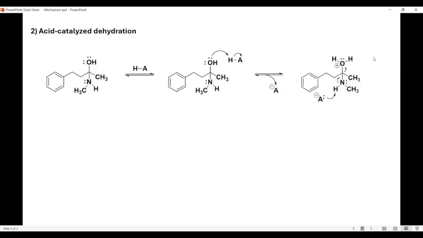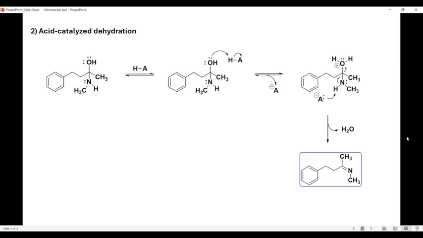Now, once this process occurs, it's no longer reversible, and this is your final reaction product. Water gets kicked off, and you form this species here, which is known as an imine. Carbon double bonded to a nitrogen is an imine, I-M-I-N-E. So this would be your final answer for the product of that reaction.